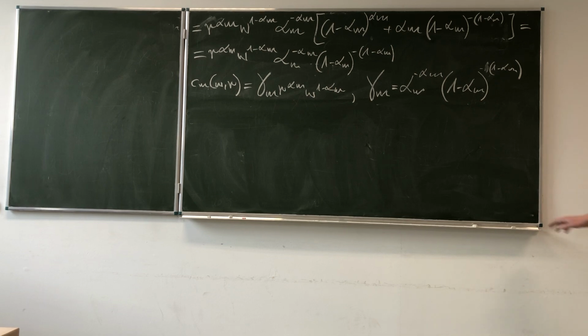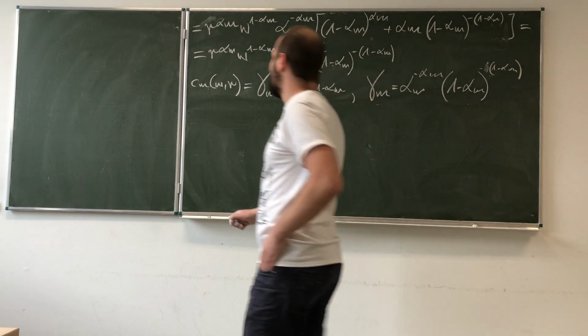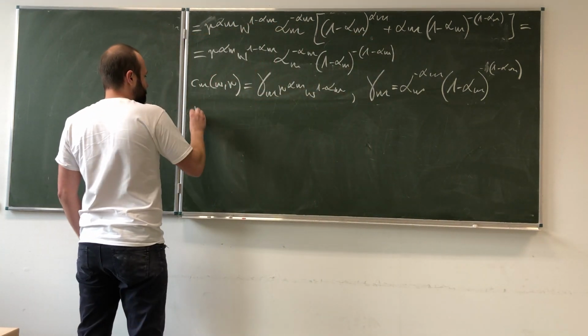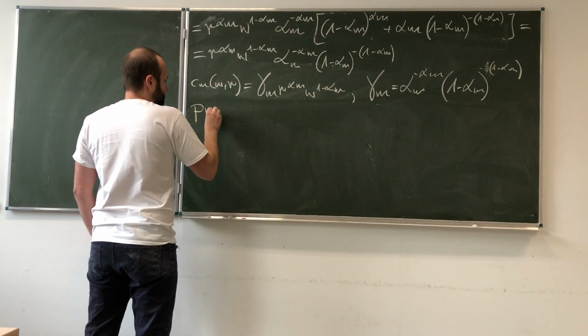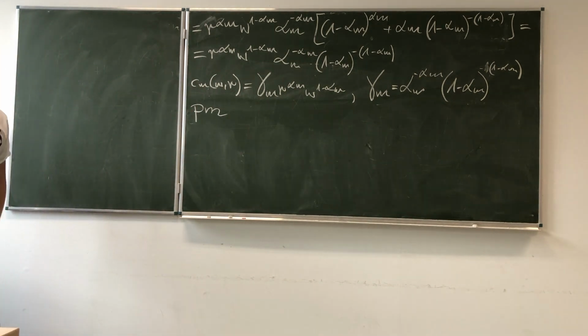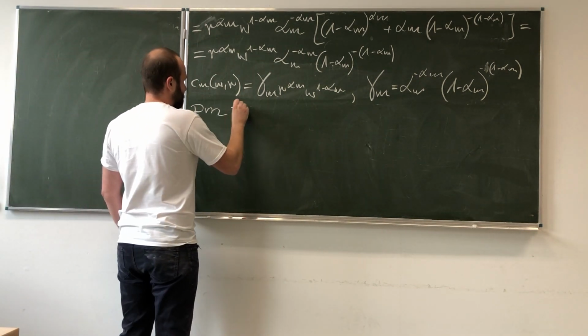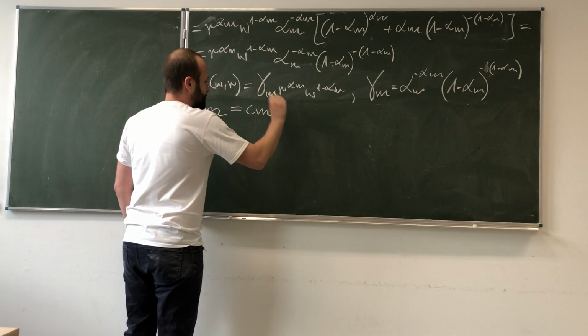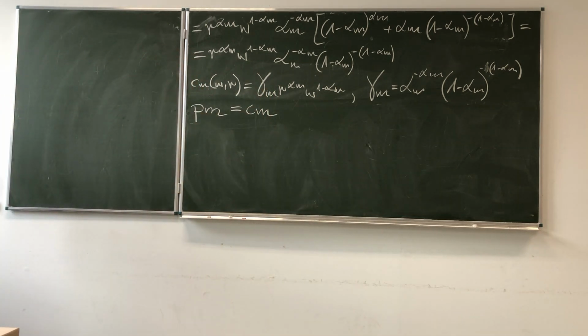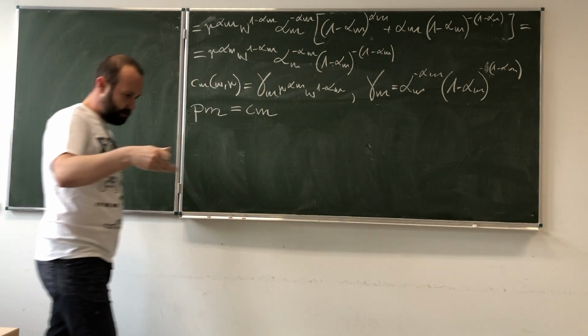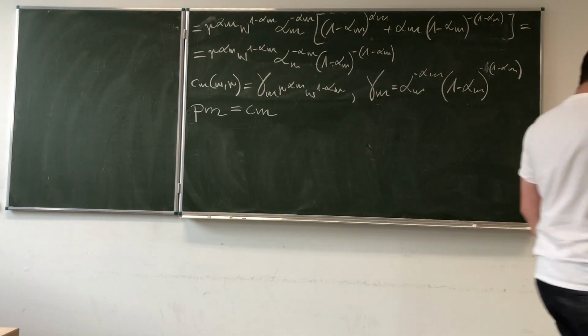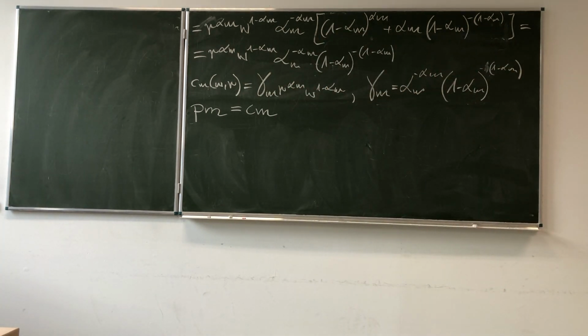What is happening in the long-run equilibrium? Well, in the long-run equilibrium, the price of a good is equal to unit cost, because all the economic profits are gone.